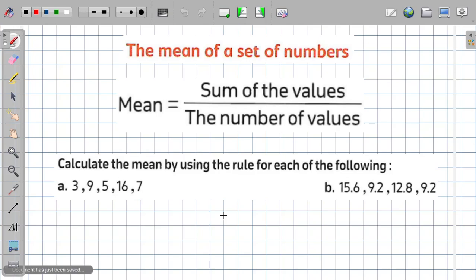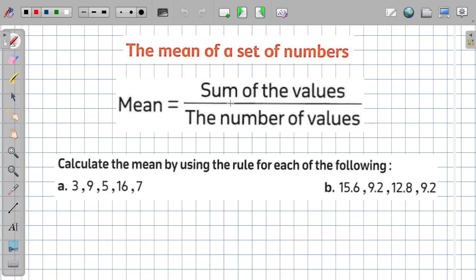Again, add all the values and divide the result over the number of the values. So, if I have these data sets and I want to find the mean by using the rule, what can I do?